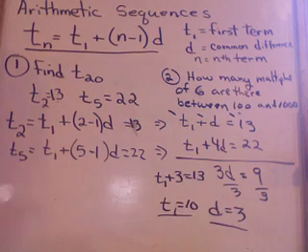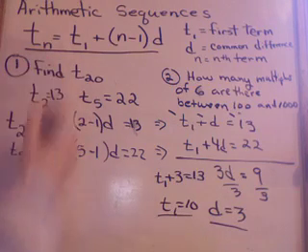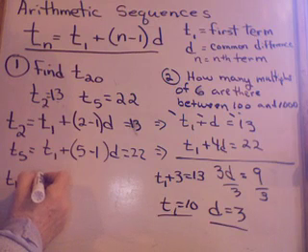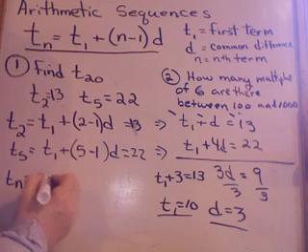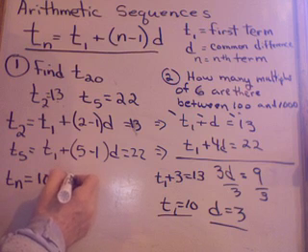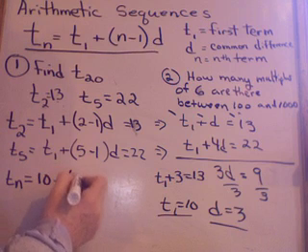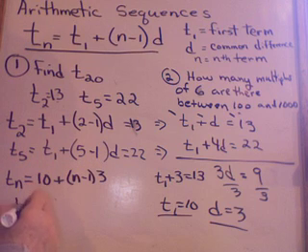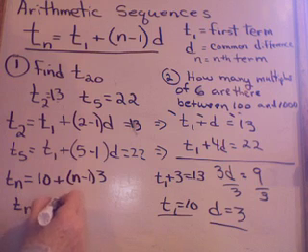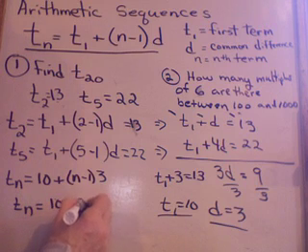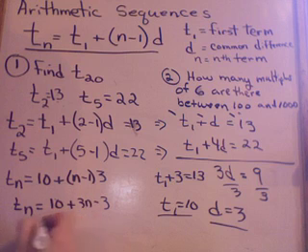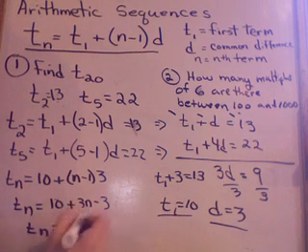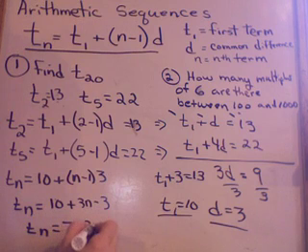So now I can write the general formula for tn. tn equals, I know t1 this time, it's 10, plus I know d this time, n minus 1 times d. So the general formula becomes tn equals 10 plus 3n minus 3. General formula is tn equals, what's 10 minus 3? 7 plus 3n.